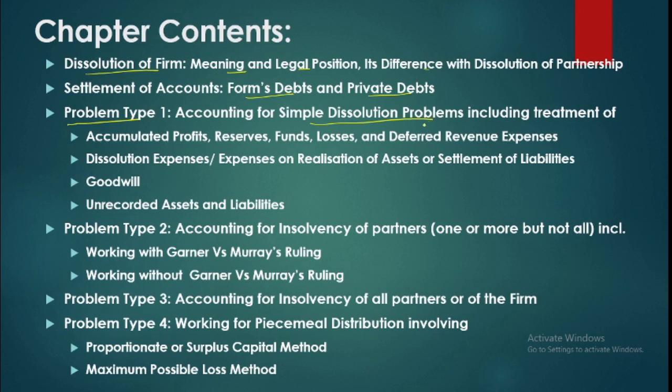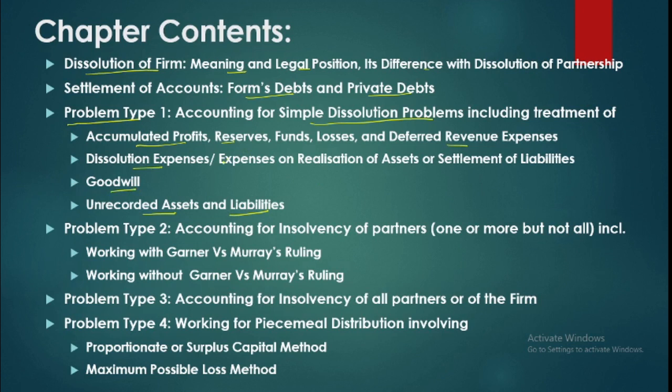You realize money from your debtors, get your bills collected, and then pay off the liabilities. This will include special treatment of accumulated profits and reserves, deferred revenue expenses, dissolution expenses, goodwill, unrecorded assets and liabilities.